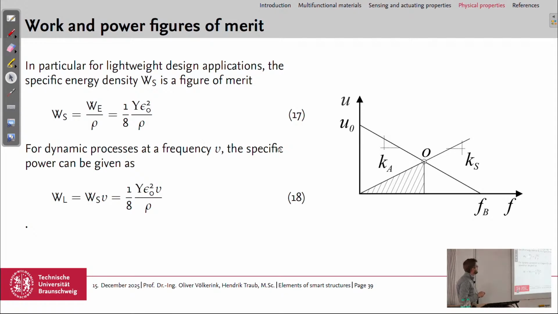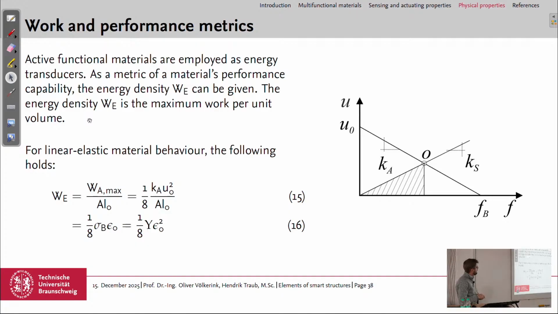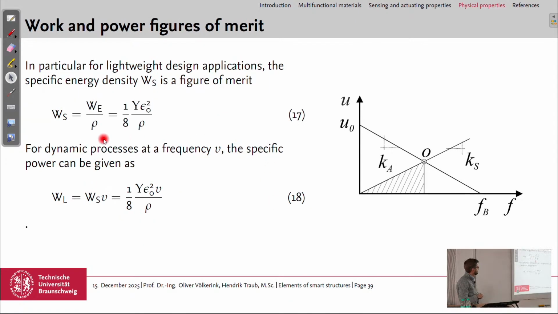We also have power figures of merit. If we have the density specific energy density, so energy density is WE, and if we divide it by the density, then we have the specific energy density WS.